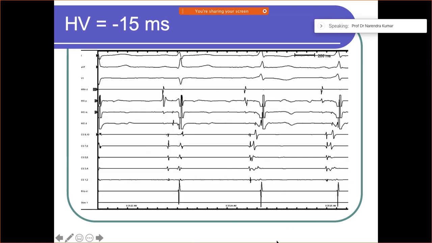So what is happening? I will try to give you some examples as well. Let's have a look at some of the examples. What is actually happening over here? If you look carefully, especially on the surface ECG, it seems like some pre-excitation is present, right? Then you put up those intracardiac catheters. The His catheter is there.